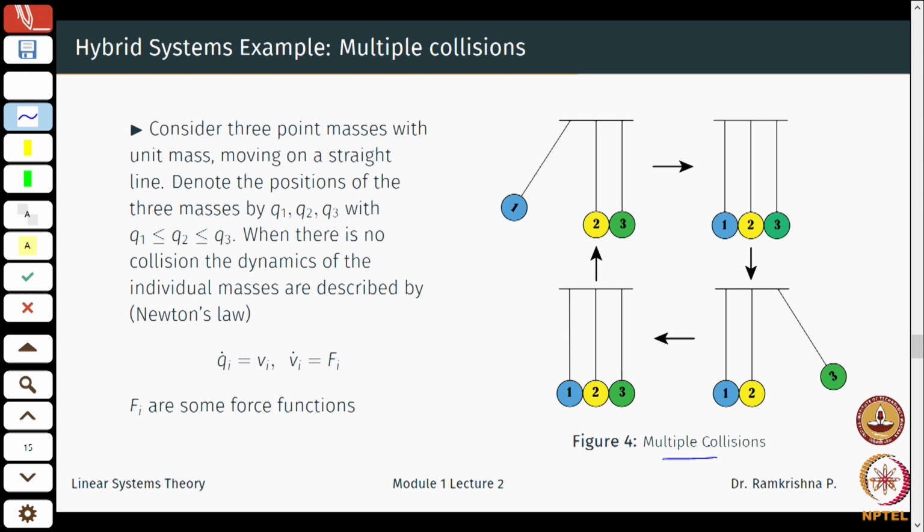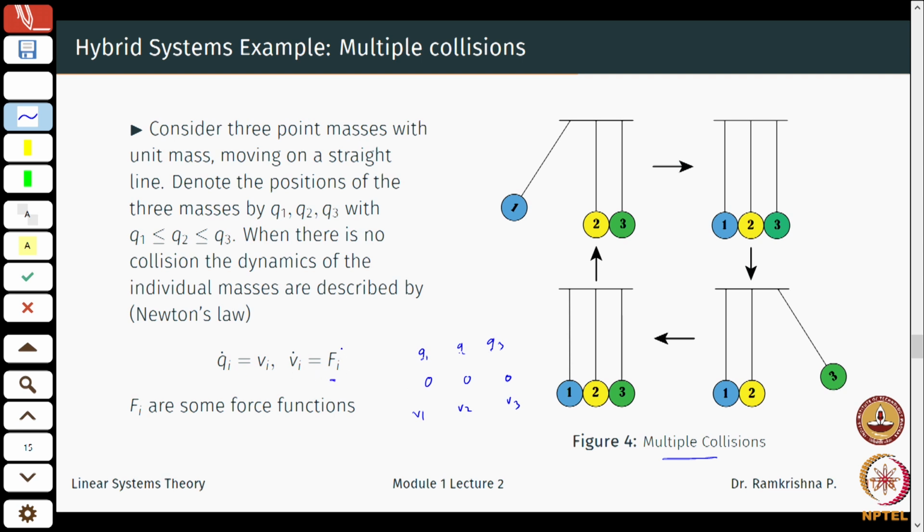So I just start with 3 point masses, say Q1, Q2, Q3. Say these are positions Q1, Q2, Q3, and each of them is moving with some velocities Vi. So this is V1, V2 and V3, and there are some force functions which possibly act on them.